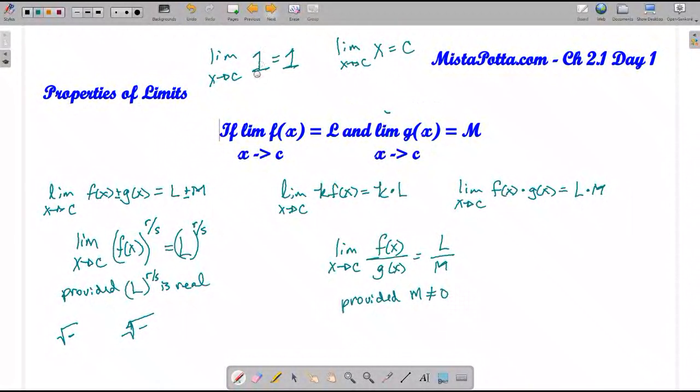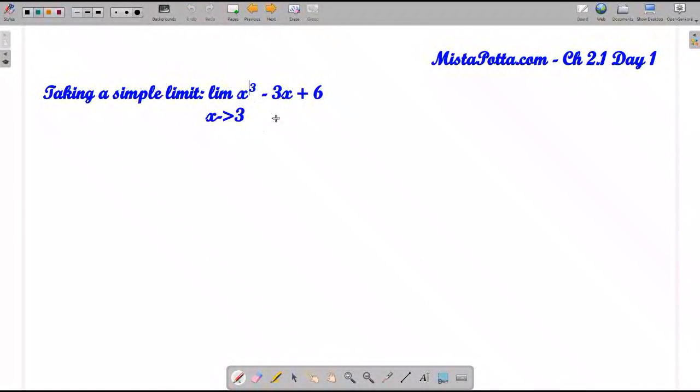So let's take a look at a sample limit here. I've got the limit as x approaches 3 of the expression x cubed minus 3x plus 6.